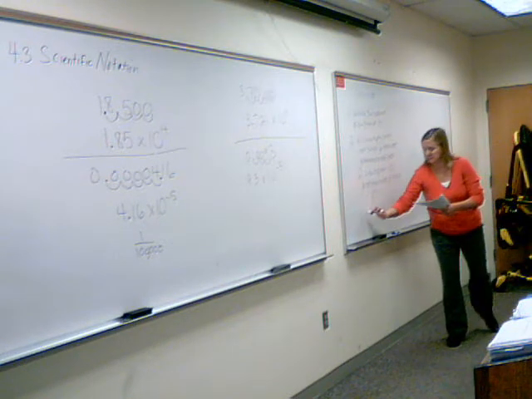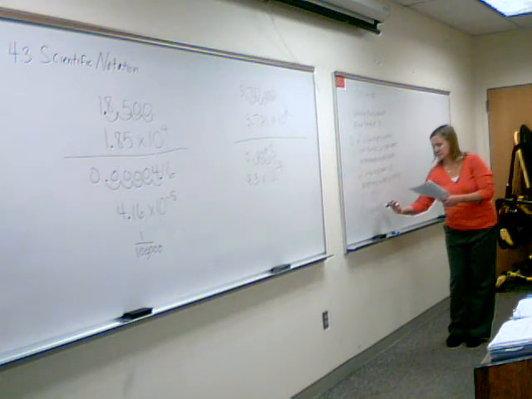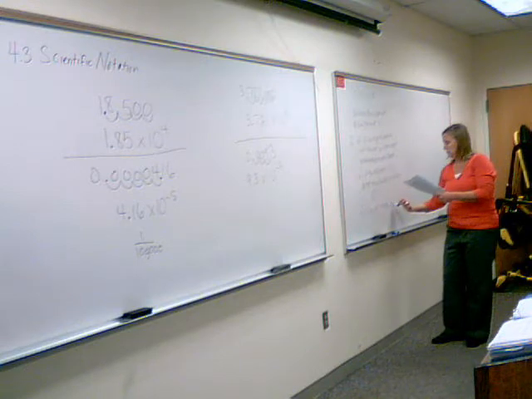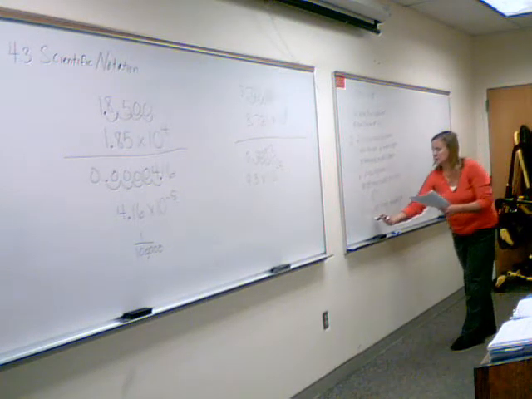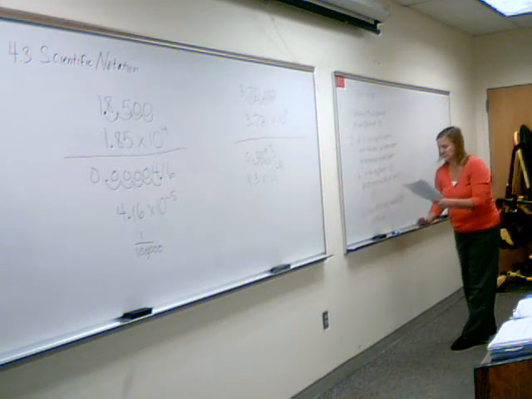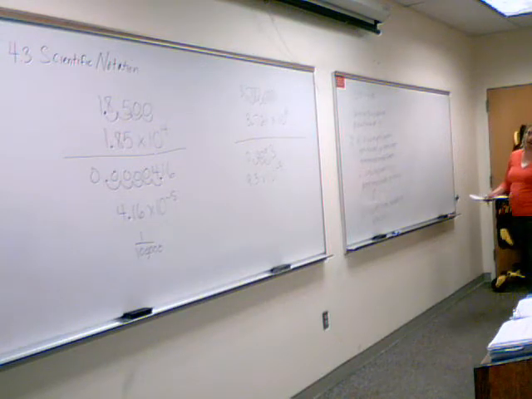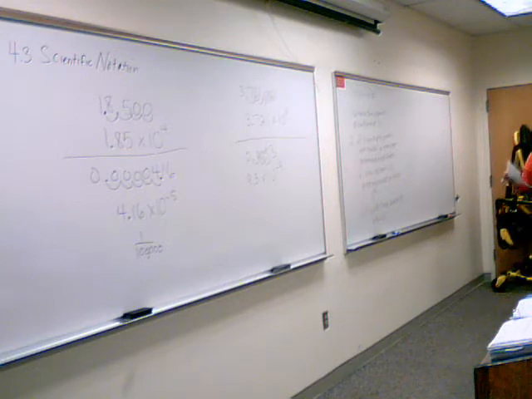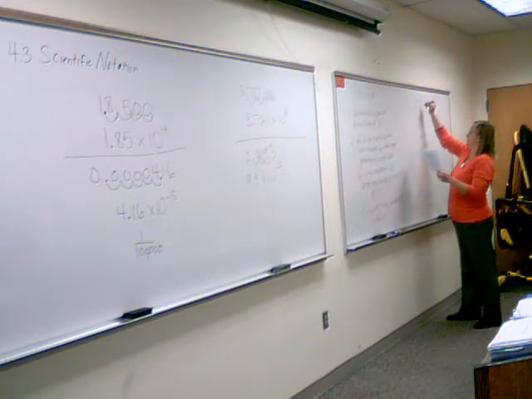And last, if the exponent is negative, move the decimal point which way? To the left. Okay? So it's the opposite of going from the number to scientific notation. I'll give you a second to write that down and then we'll look at an example.